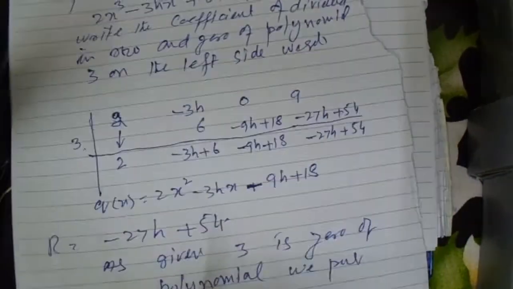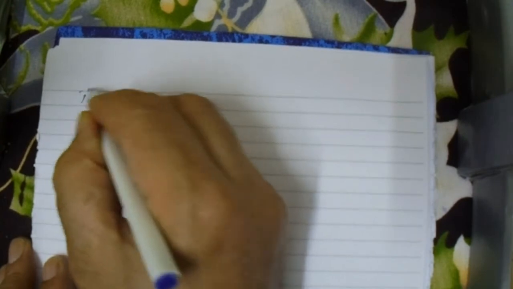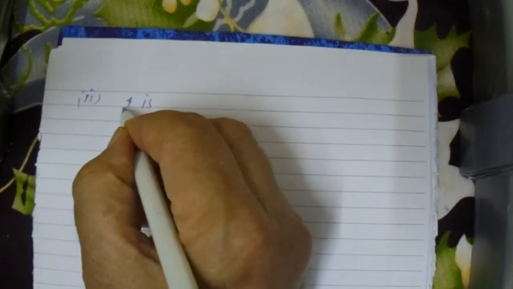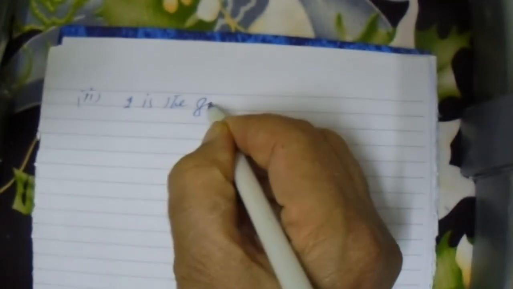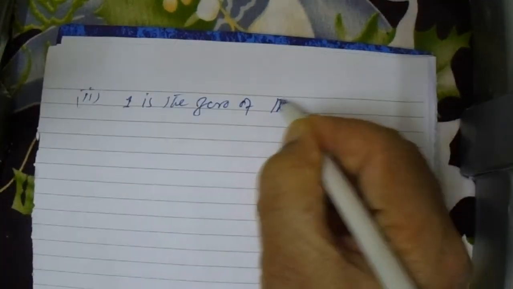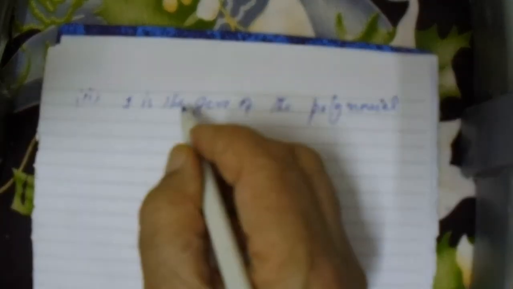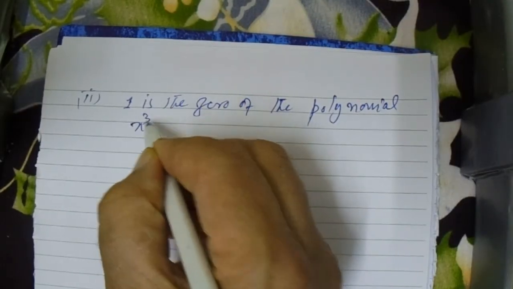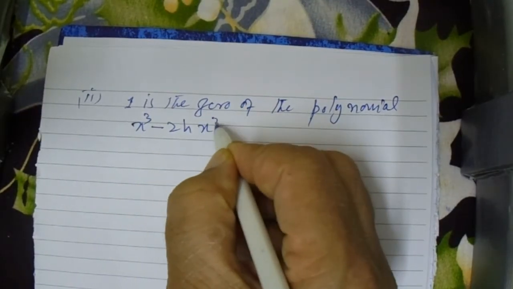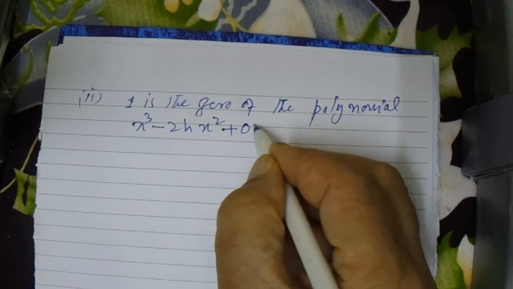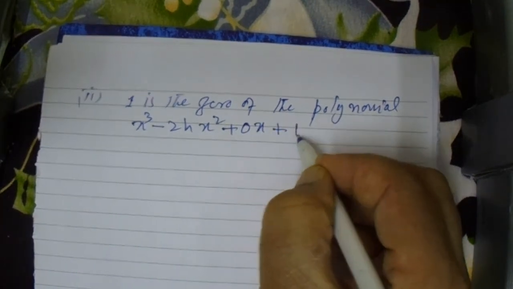Now this is the first part, and we write the second part of question number 2. The second part: 1 is the zero of the polynomial x³ minus 2hx² plus, x is not present so we write 0x, plus the constant term is 11.